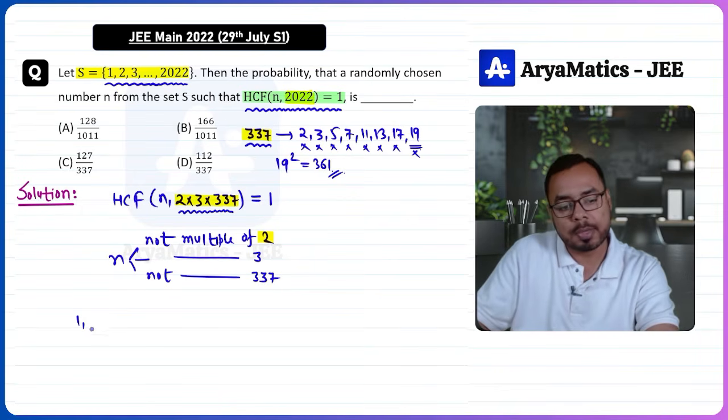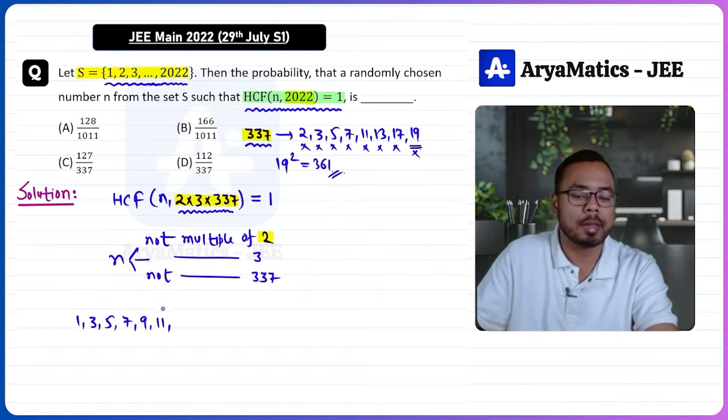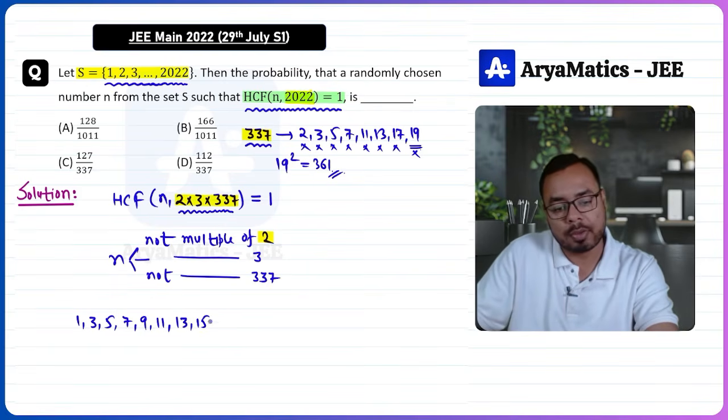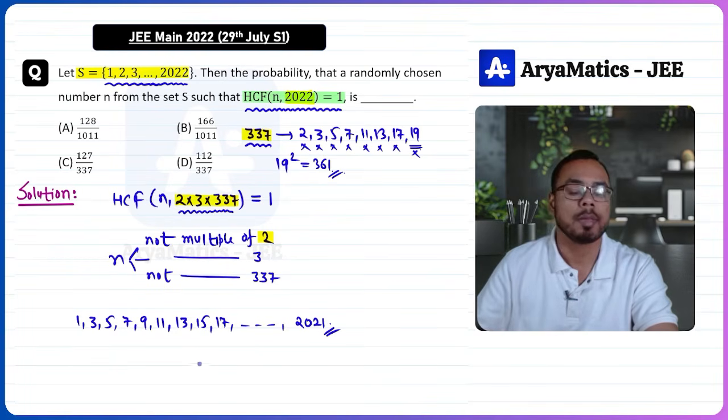So the odd numbers are 1, 3, 5, 7, 9. I'll write just a few numbers so you can see the pattern: 13, 15, and maybe one more, 17. In this manner, the last odd number is 2021.